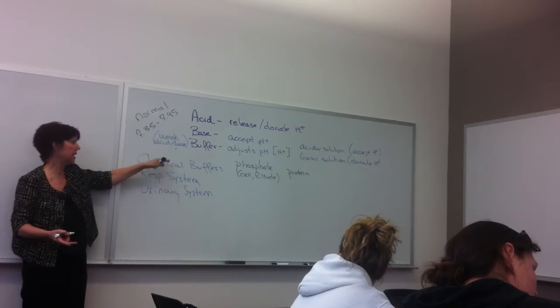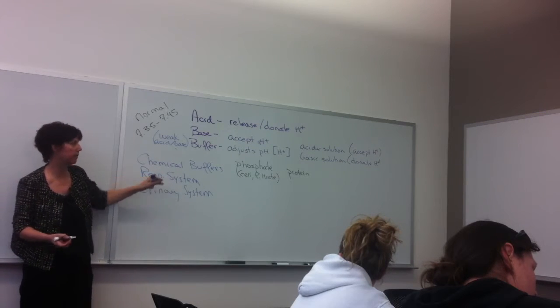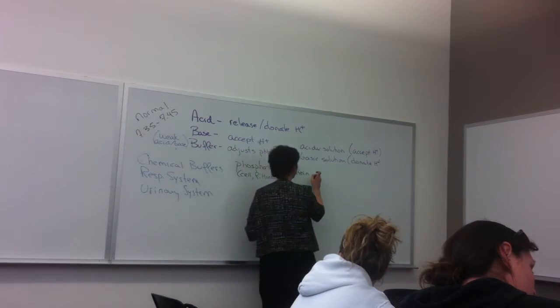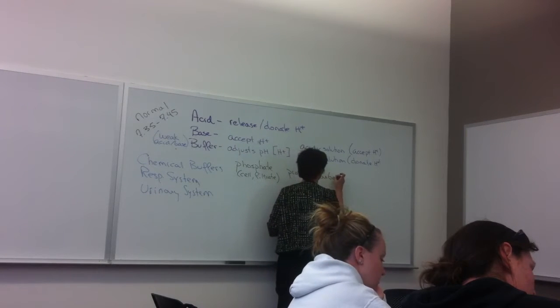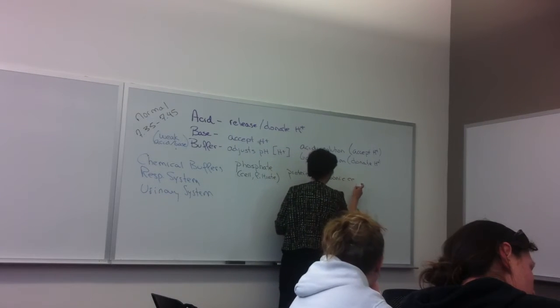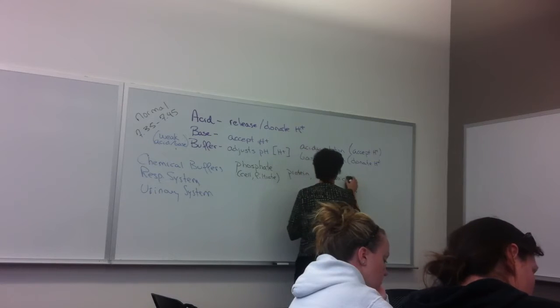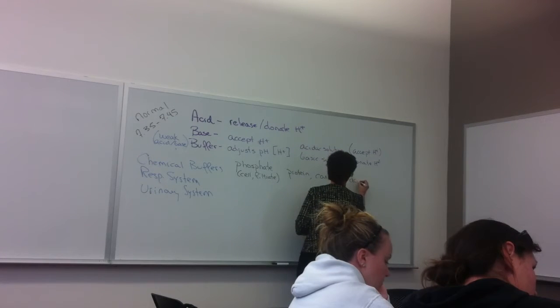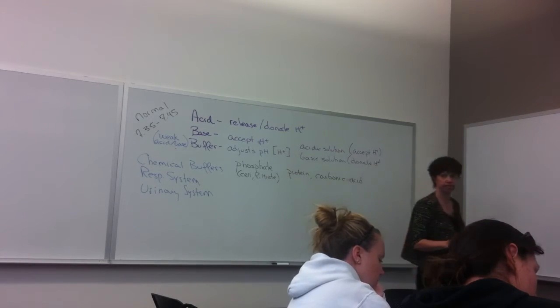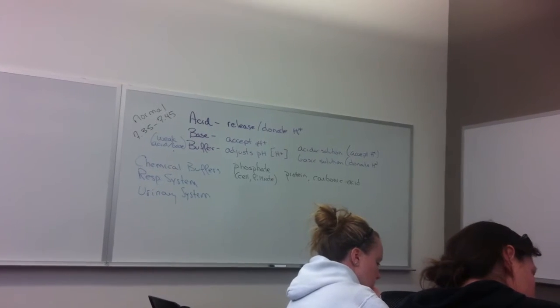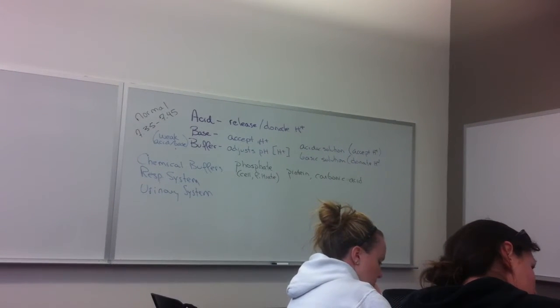Okay, but it does have an overlay with the respiratory system. So proteins and carbonic acid. So let's look at some of these chemicals first, and then we'll come back and review the respiratory system, and then focus on the urinary system, which I've been promising for a couple of days we would talk about.